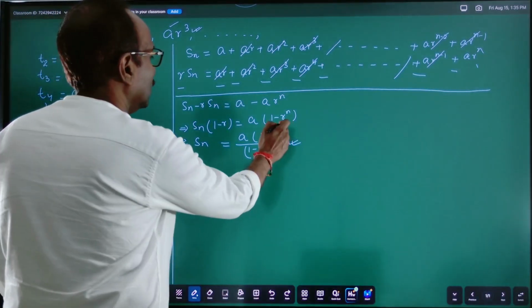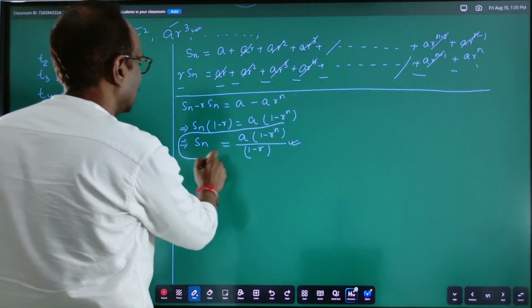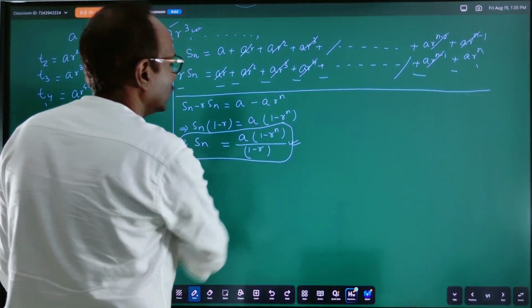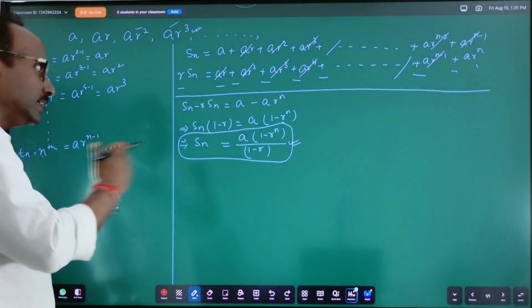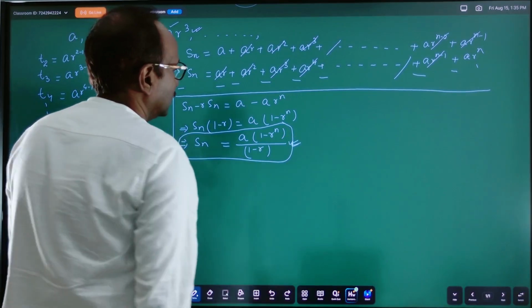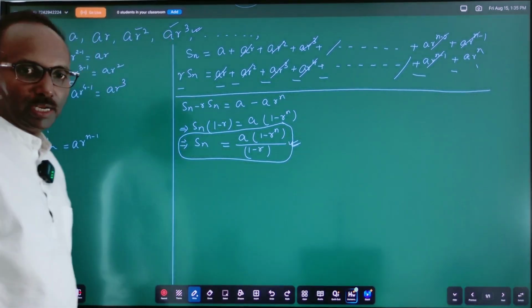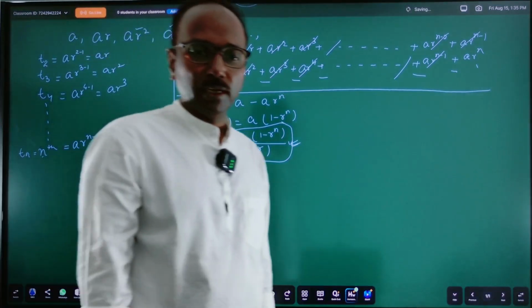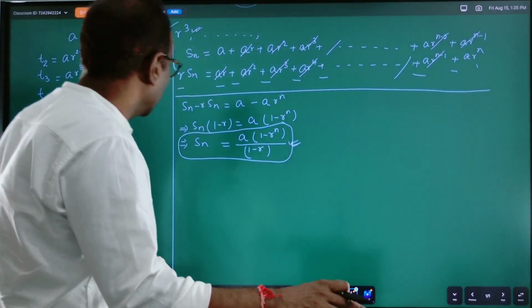This is the general equation for a geometric progression series when the n terms are summed. The result comes like this: a into bracket 1 minus r to the power n bracket close, divided by 1 minus r.